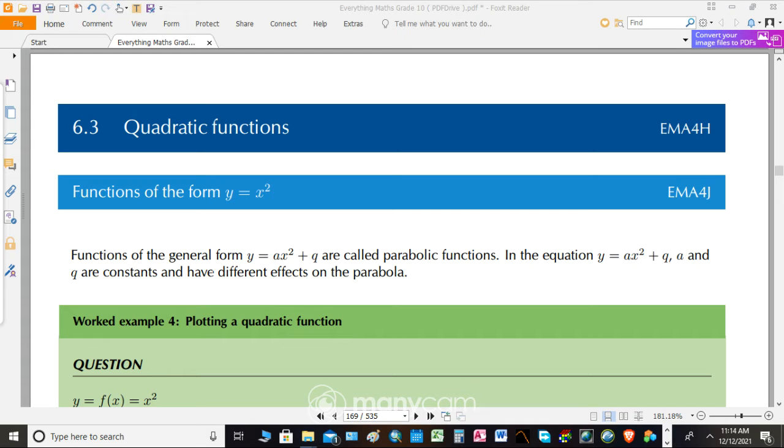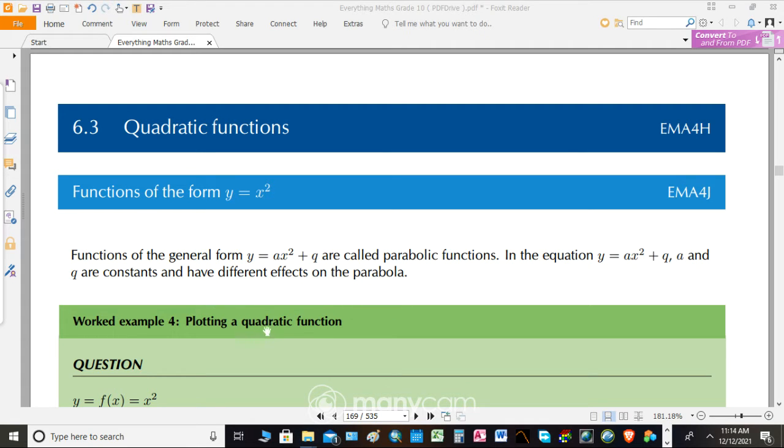The function of the general form y equals ax squared plus q is a parabolic function. In the equation y equals ax squared plus q, a and q are constants and have different effects on the parabola.